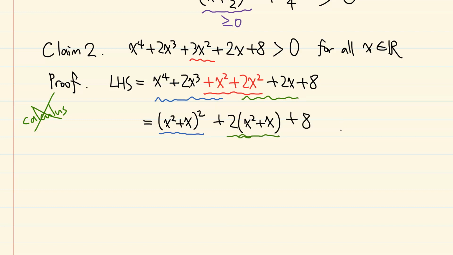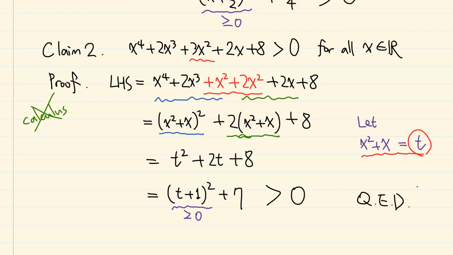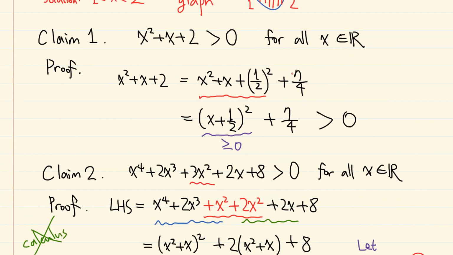So we can use the substitution and let x squared plus x be t. Then we have t squared plus 2t plus 8, which is t plus 1 squared plus 7. And since this part is non-negative, the entire thing is positive. And this concludes the proof.